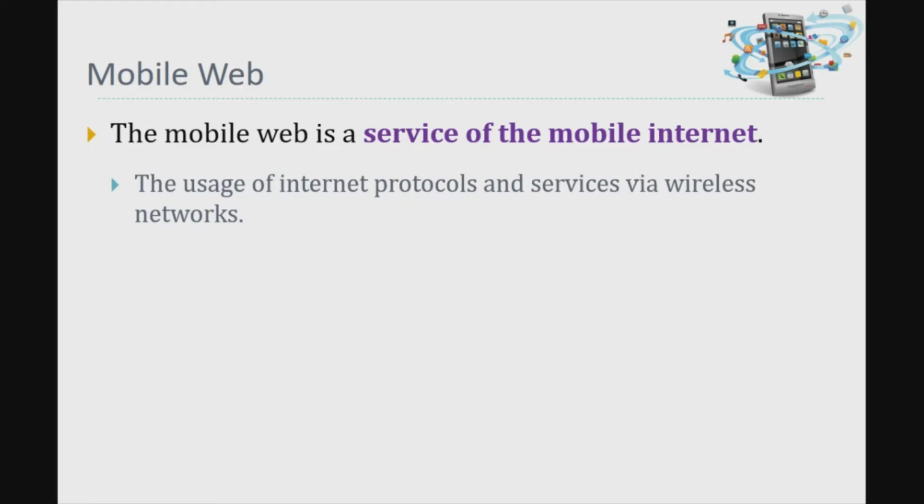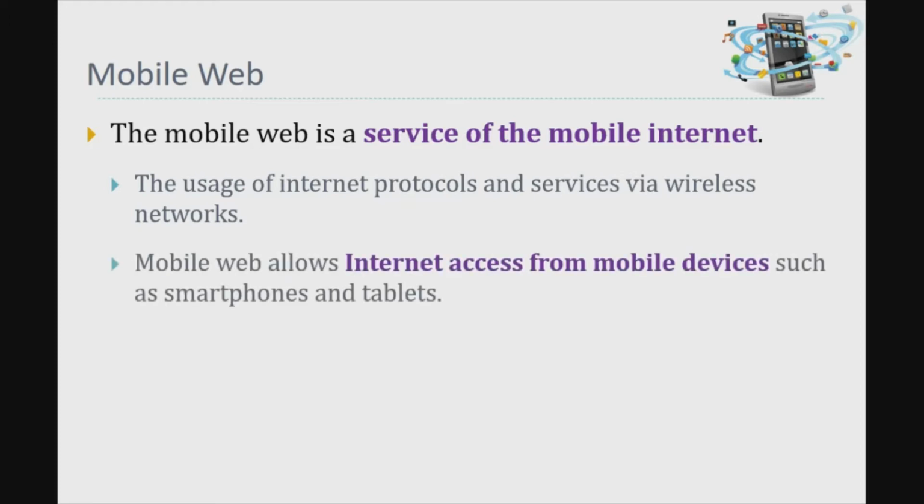And in this case, we talk about the wireless network. Wireless network means those devices are connected using an unguided transmission medium, or connected wirelessly, not using a cable or physical wire. So mobile web allows internet access for mobile devices such as smartphones and tablets.